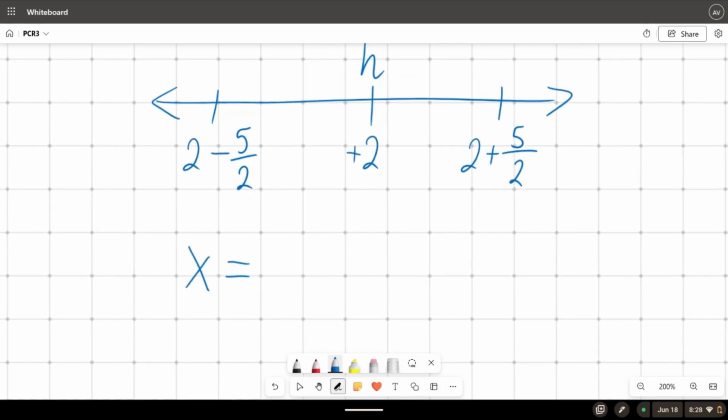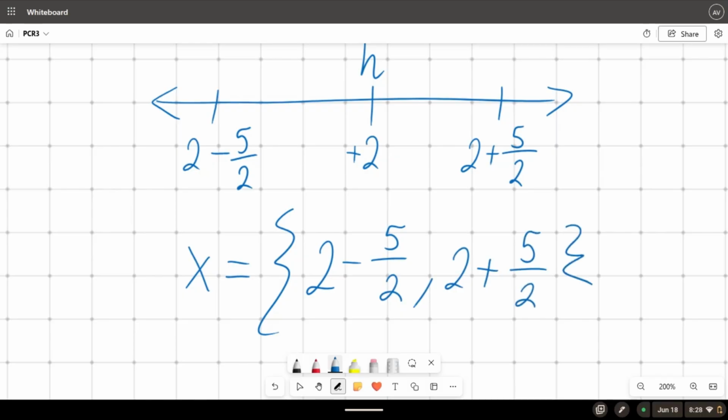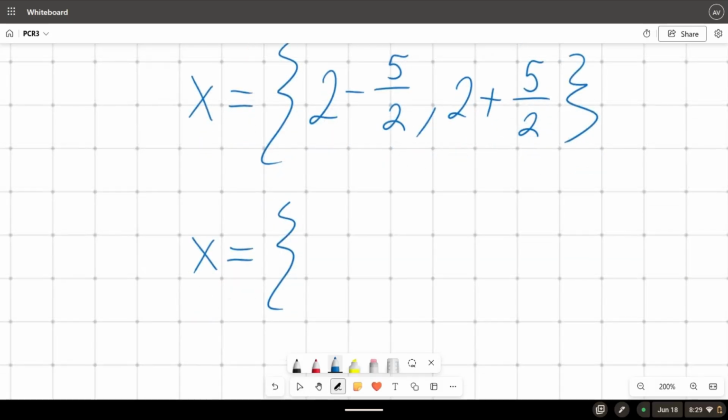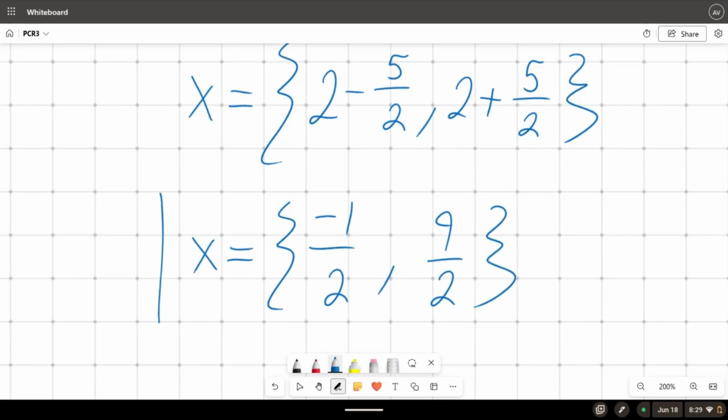So our solutions are x is 2 minus 5 halves and 2 plus 5 halves. When you add the fractions, you get x is equal to negative a half and 9 halves. And that's your answer.